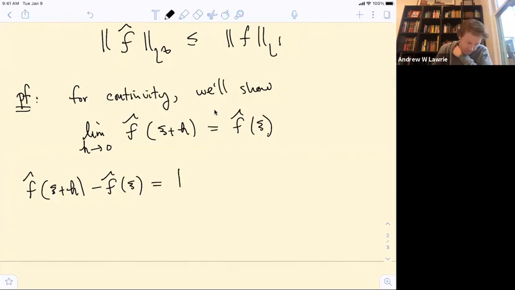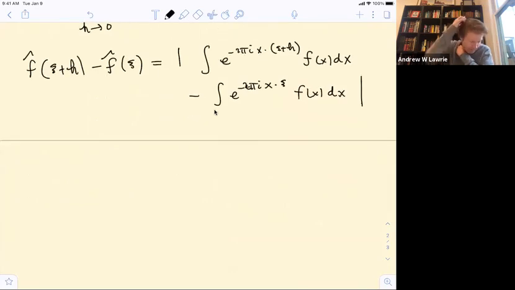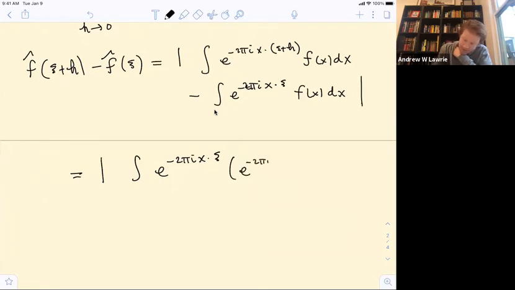This is equal to the absolute value of the integral of e to the minus 2 pi i x times (c plus h) minus e to the minus 2 pi i x dot c, which, combining the integral, is equal to the integral of e to the minus 2 pi i x dot c times (e to the minus 2 pi i h x minus 1) times f of x dx.